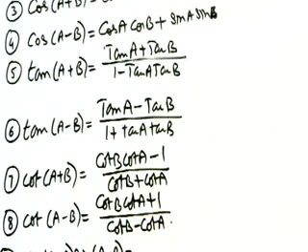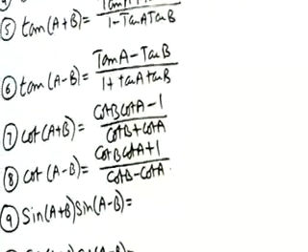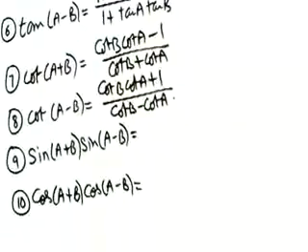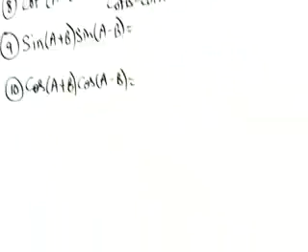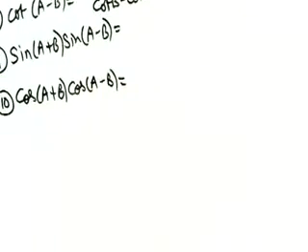Lastly, there are two formulas for multiplication. One is sin A plus B into sin A minus B, and the other is cos A plus B into cos A minus B. For sin A plus B into sin A minus B, we have two formulas.